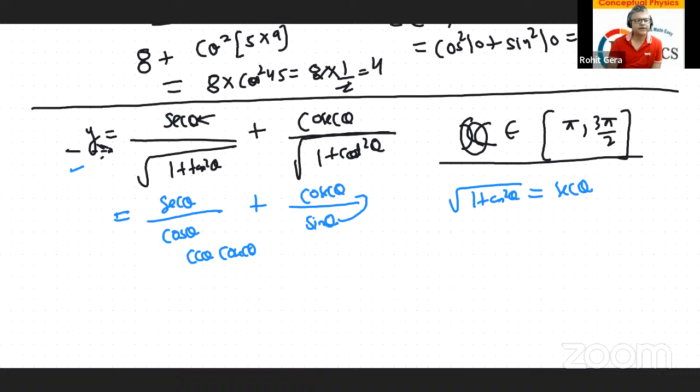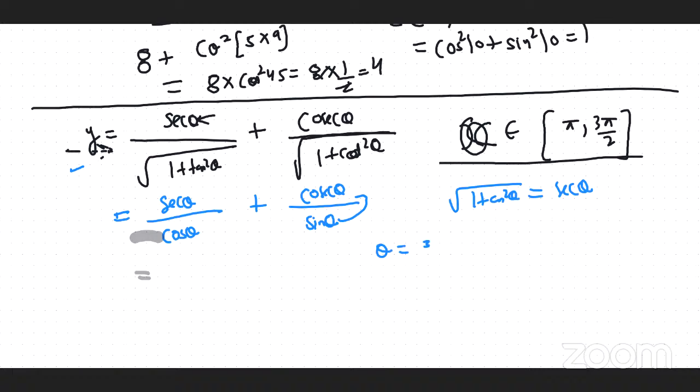Right, this will become secant square. This value of cos, what is the least value it can acquire? -1. At theta equal to pi.